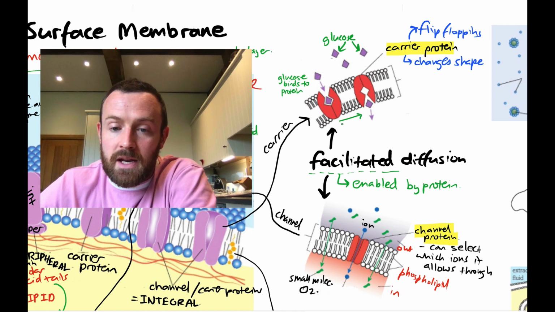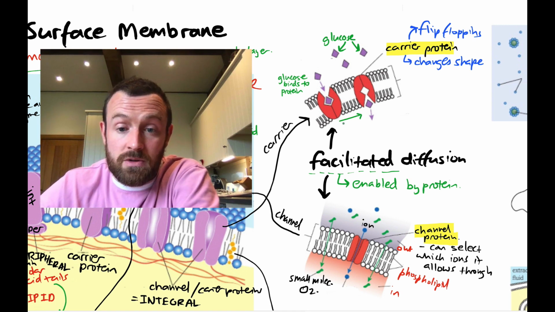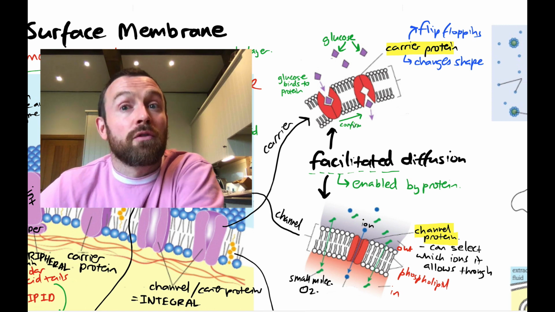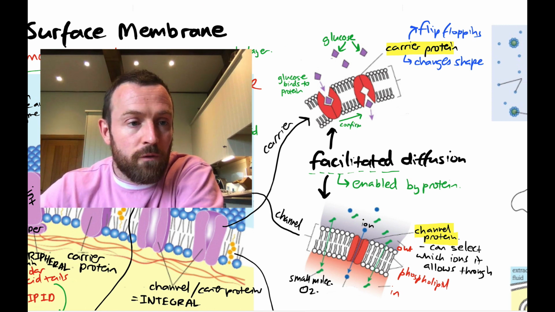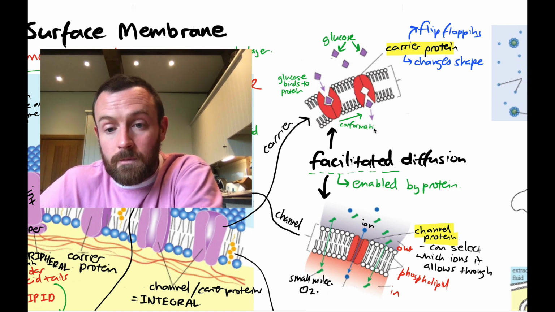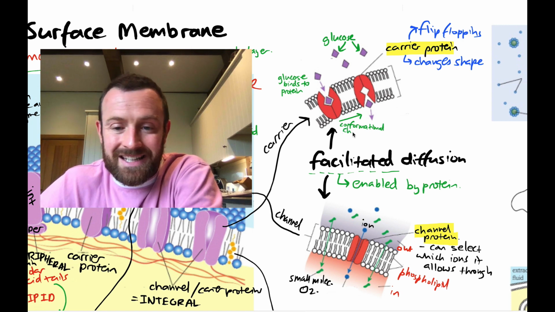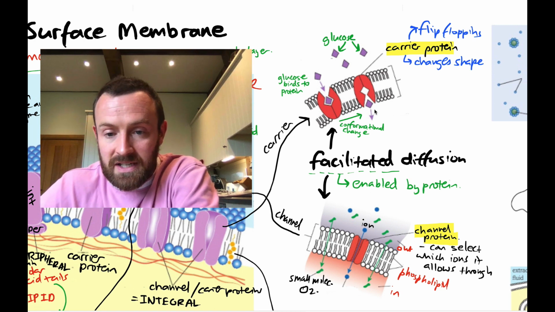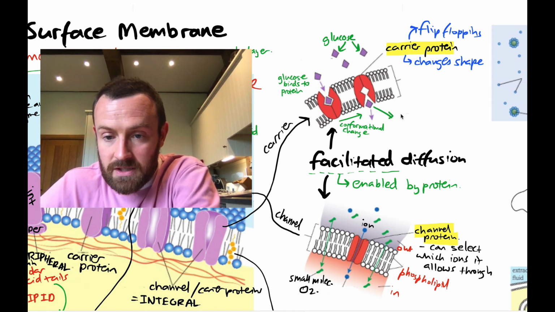So this would be labeled a conformational change. Conformational, spelling mistake. Conformational change. Basically, it changes shape, changes its 3D shape. And now that glucose molecule is released. Okay, so now that is released, glucose released.